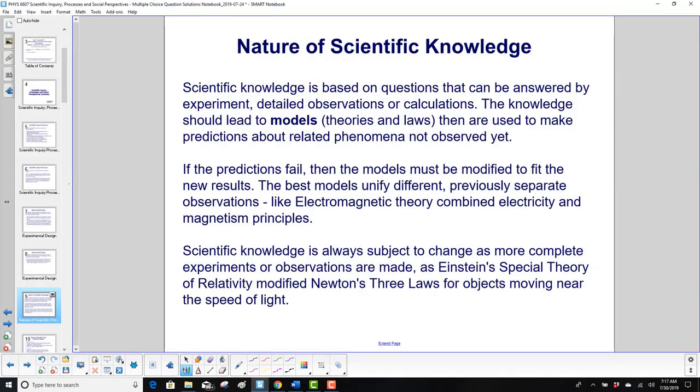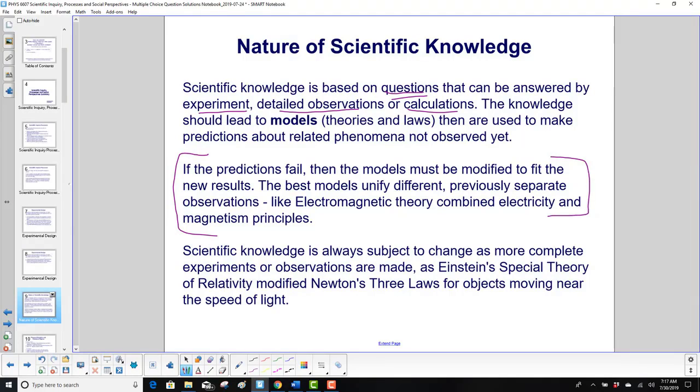Scientific knowledge is based on questions that can be answered by experiment, detailed observations, or calculations. This knowledge should lead to models, such as theories and laws, that are then used to make predictions about related phenomena that are not observed yet. If the predictions fail, then the models must be modified to fit the new results.